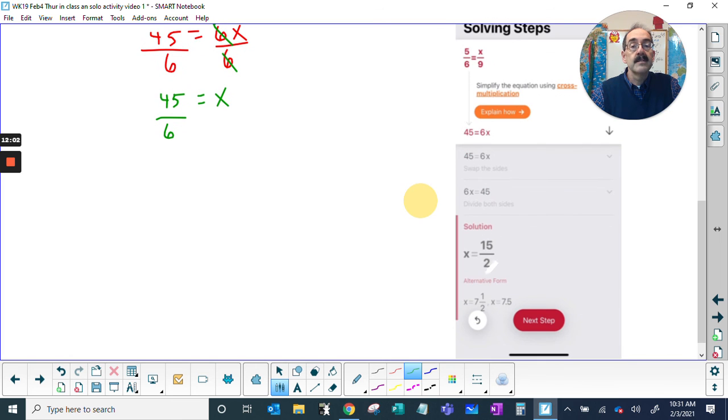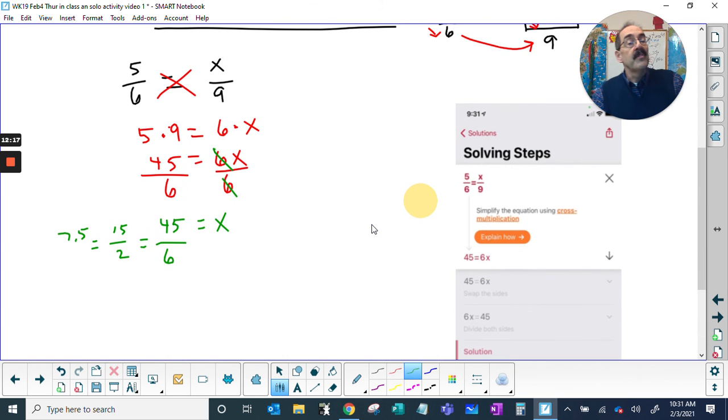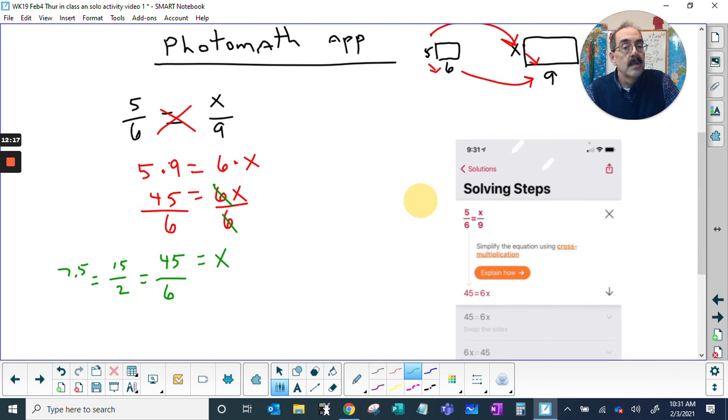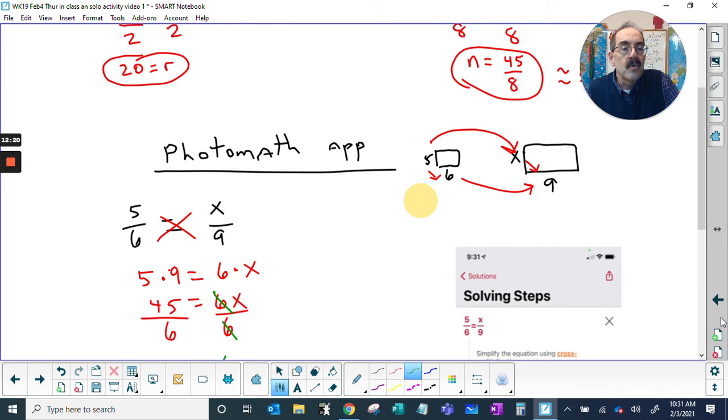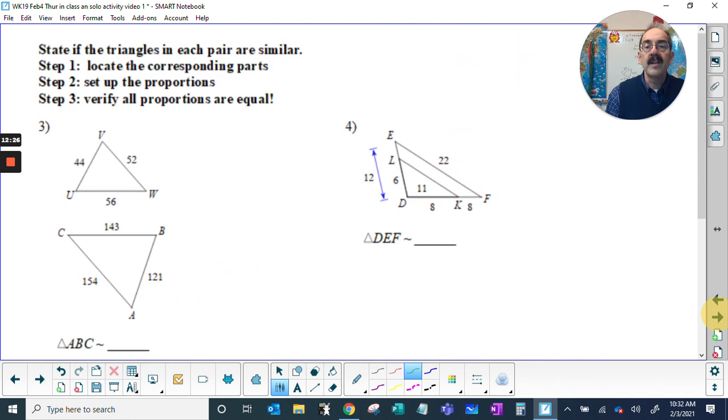And they get 45/6. They simplify that to 15 halves. They simplify it further to a decimal. If that's helpful, feel free to use your resources.